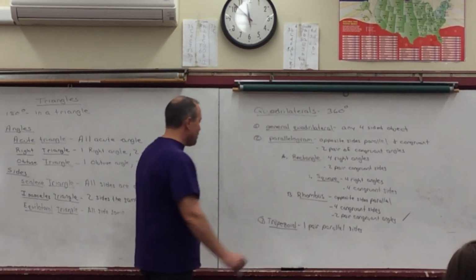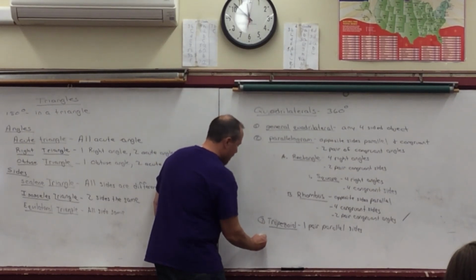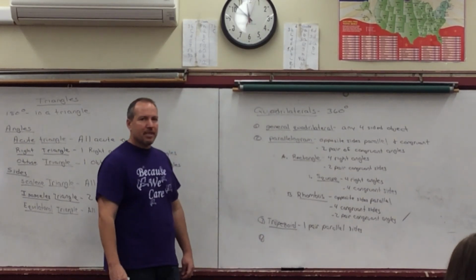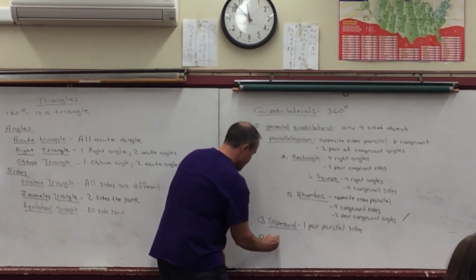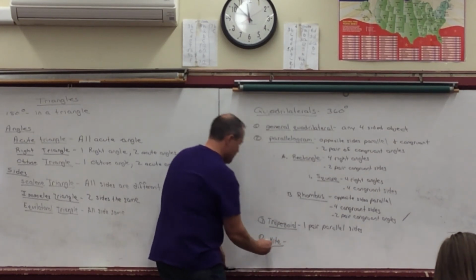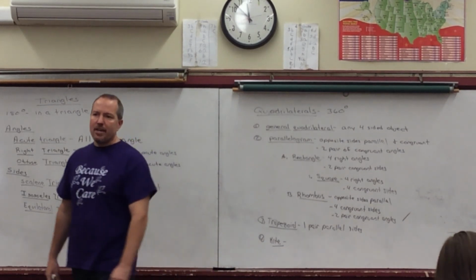The last type of quadrilateral, and this is probably going to be a new one to you, is a kite.